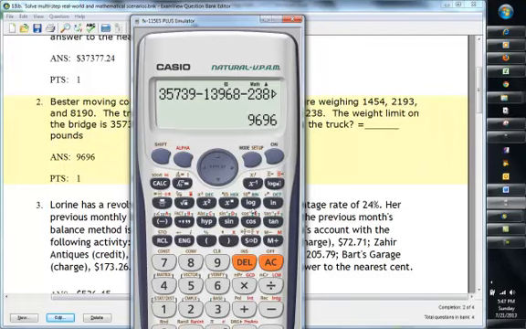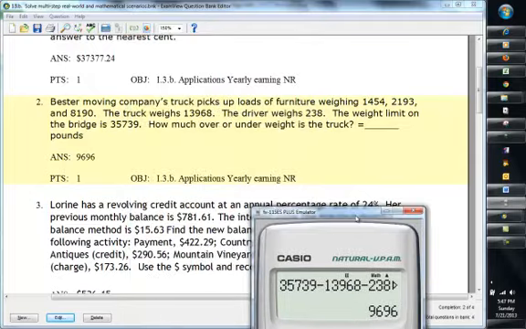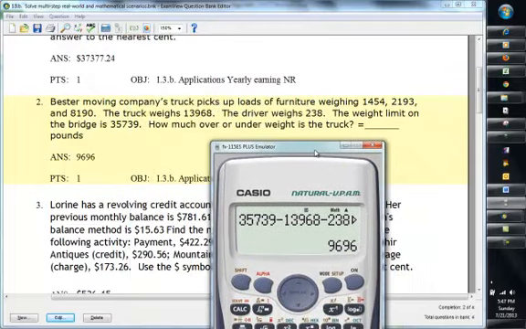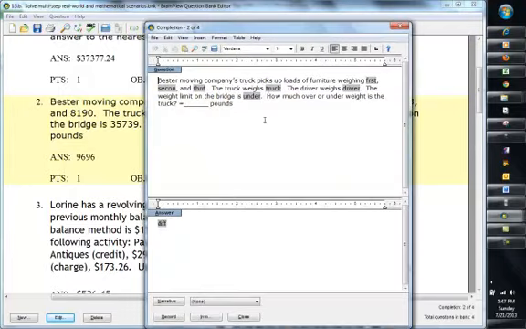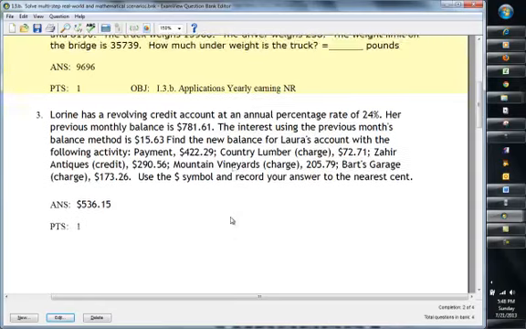And we get 9696. So it's under 9696. How much underweight is it? Next one.